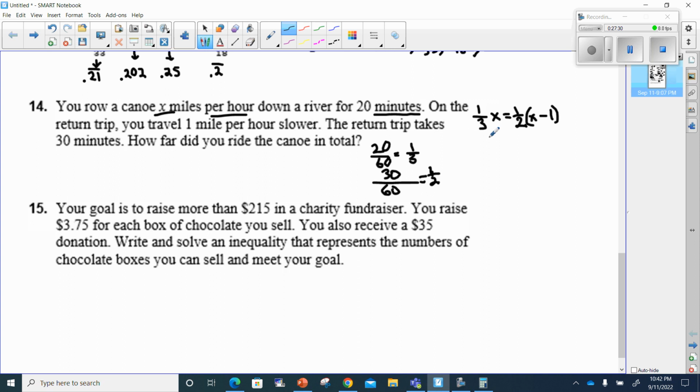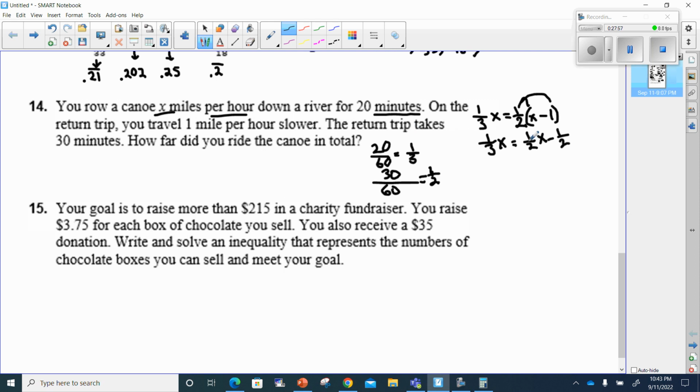I would take 1/3 x, and that's going to be equal to 1/2 x, because 1/2 times x is 1/2 x, and then 1/2 times minus 1 would be minus 1/2. Now we're looking for x, because x is going to be the number of miles per hour.